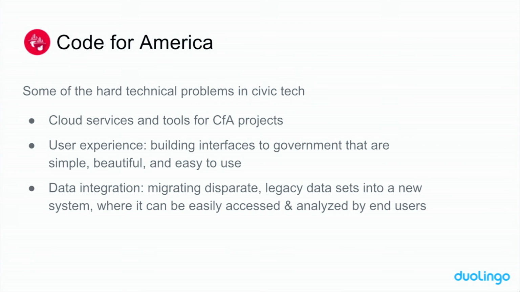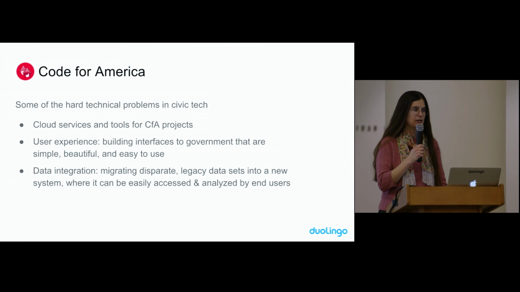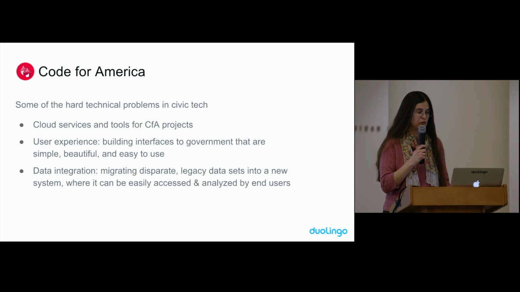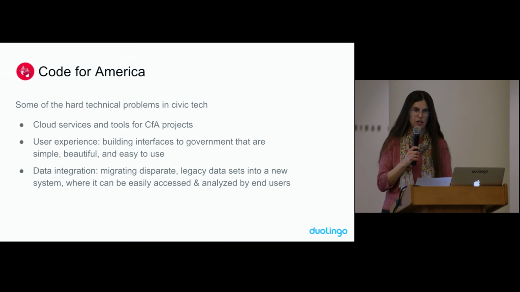What are some of the interesting and hard technical problems in civic tech? Well, one set of problems are around building the cloud services and the tools to support the different Code for America projects. Another hard technical problem is user experience, how to build an interface to government that is simple, beautiful, and easy to use, in contrast with a lot of the legacy government tools, which are pretty awful to use.